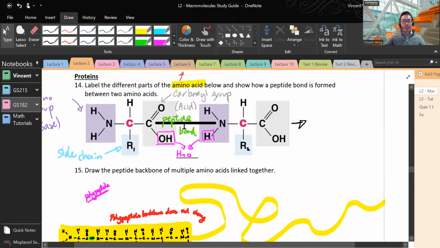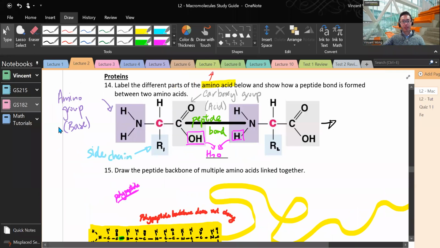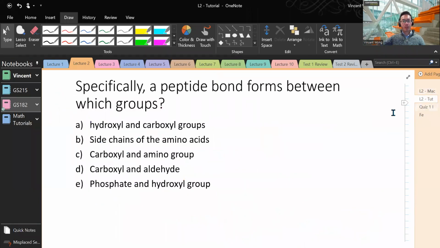There we go, the peptide bond, right? How do we form the peptide bond? We have to connect the carboxyl group here with this one. What is this called? Well, it's named here, right? Amino group. So carboxyl group and amino group.